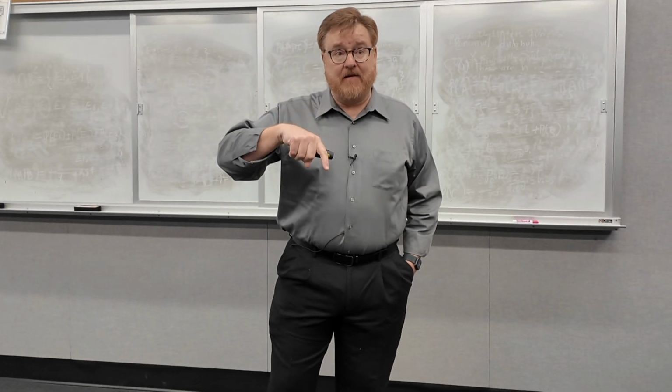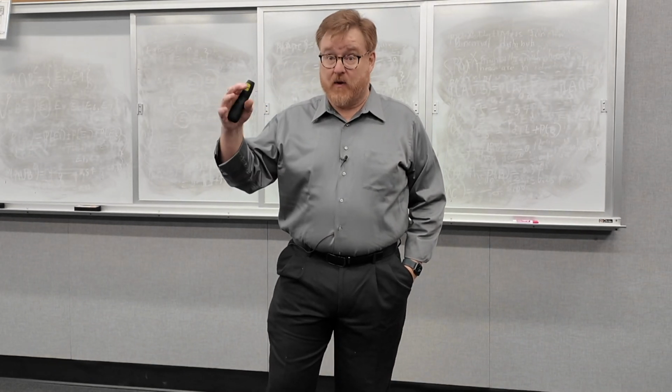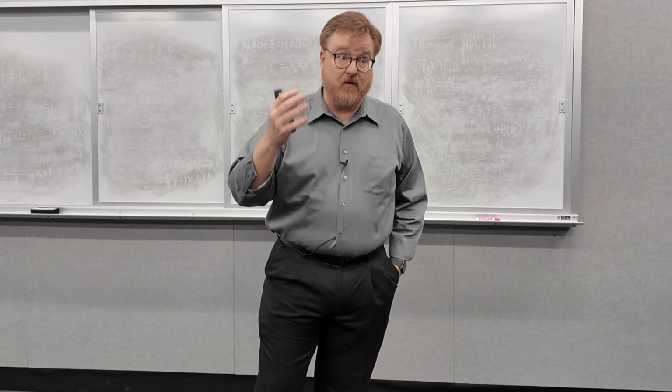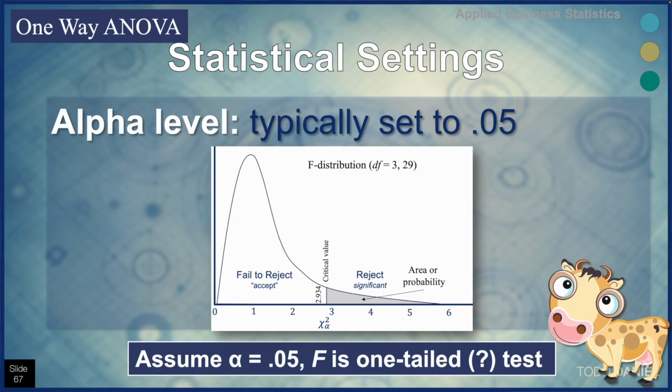With our alpha level and the degrees of freedom that we can interpret from the raw data, we will know what particular F test we're going to use. In this case, the F test will have some value larger than 1, which is a critical value, a cutoff score. Anytime we get test statistics over that critical value, we reject the null hypothesis. There is a statistically significant difference.